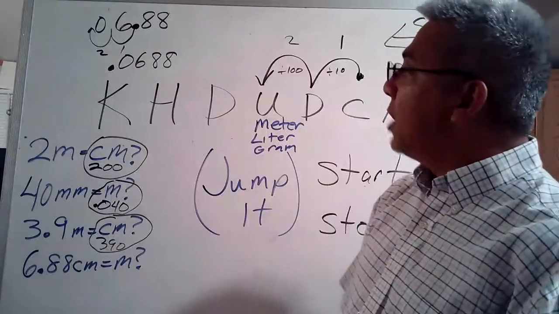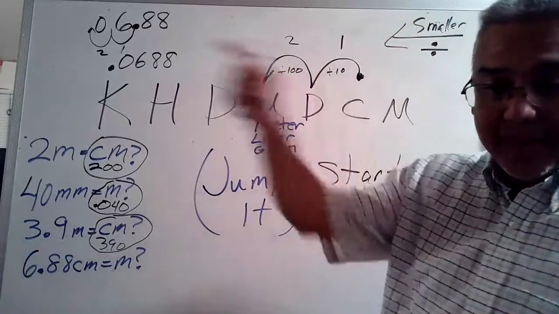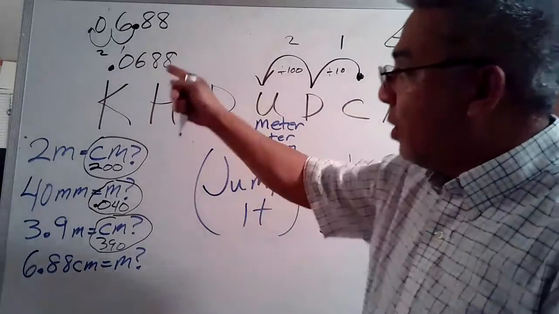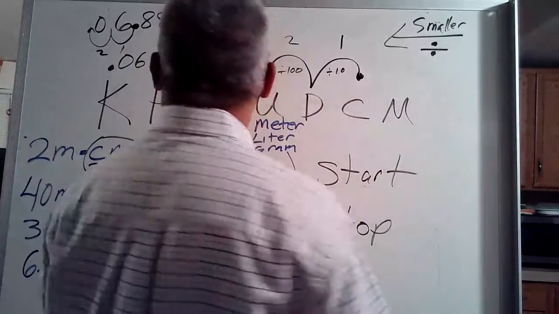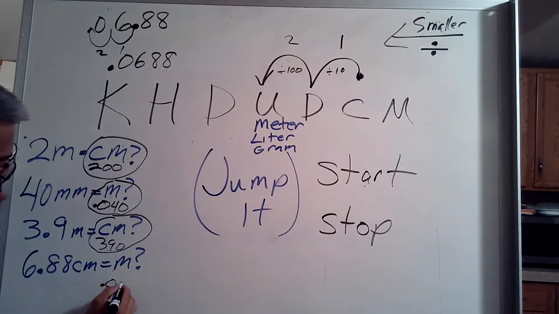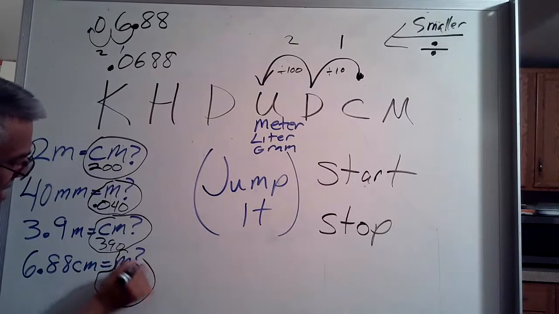Okay? So now that number is really small. Because remember, when you're going in that direction, your numbers are getting smaller. And when you're going in this direction, your numbers are getting bigger. So, final answer, decimal 0.688. Don't forget your label of M.